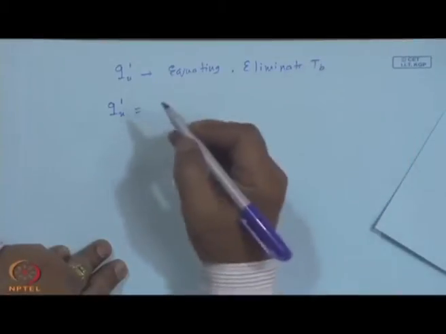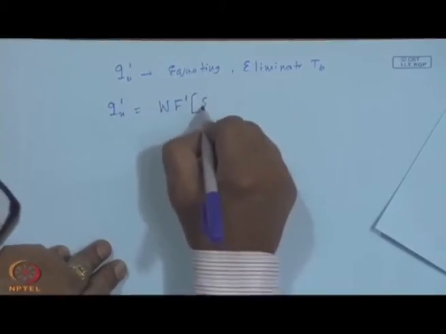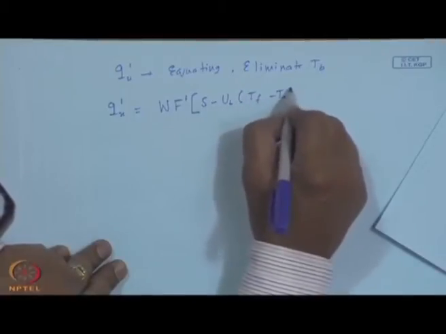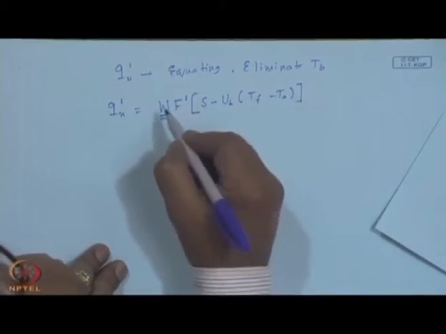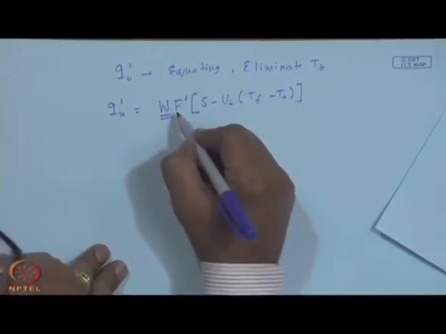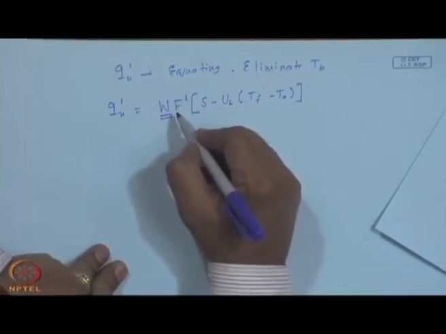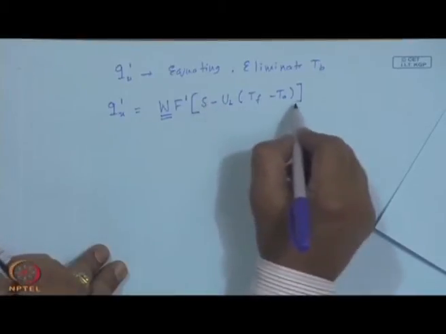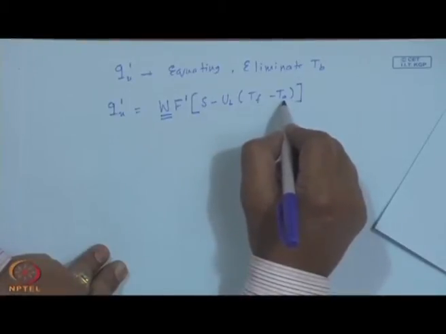We do not want to have T b. So, now I have something like an area, W multiplied by the unit length perpendicular to the plane of the paper will be the area, and F dashed, whatever we were defining earlier as the collector efficiency factor, multiplied by absorbed radiation minus the losses taking place from the local fluid temperature to the ambient.